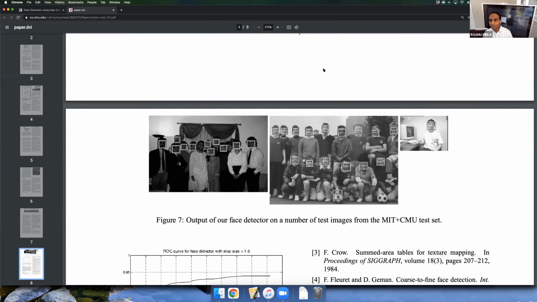Now we have much better face recognition stuff using deep neural networks, but this is still an important step at some point. Okay? So in general, the point here is that it might be easy to come up with rules which do slightly well, right? And boosting allows you to combine them without worrying about how you're coming up with these rules in the first place. It's kind of a black box meta-learning algorithm.